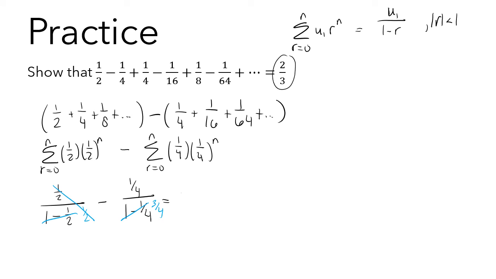So this first term is equal to 1. 1/4 divided by 3/4 is actually 1/3. 1 minus 1/3 is 2/3. So I've proven that the left-hand side equals the right-hand side, and my proof is done.